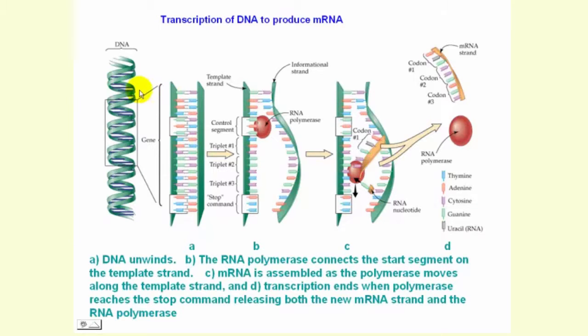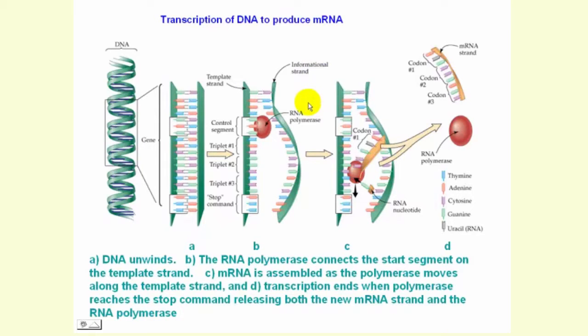So what happens is the RNA polymerase moves down the DNA segment that's to be transcribed, and it adds complementary nucleotides one by one to the growing RNA strand. Transcription will end when the RNA polymerase reaches a nucleotide sequence that signals the end of that particular sequence to be copied.